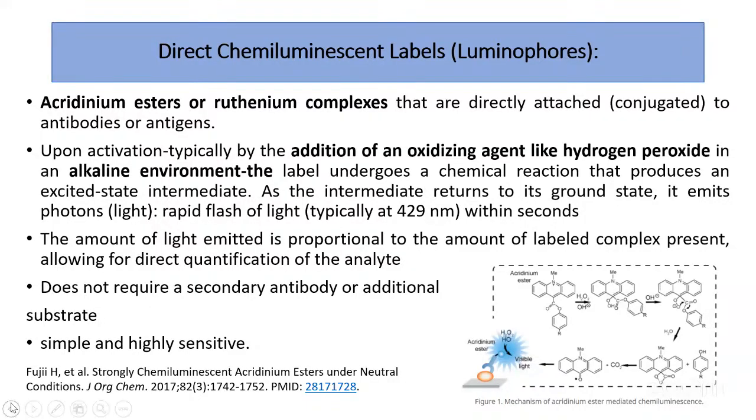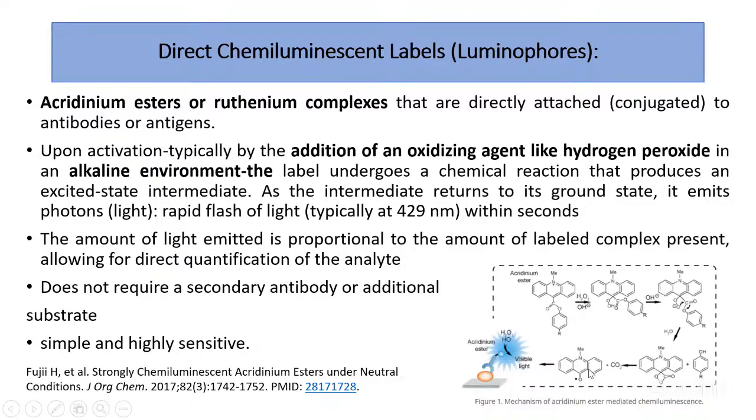Now, direct chemiluminescent labels are acridinium esters or ruthenium complexes. They act directly in the presence of an alkaline environment. When they get oxidized by agents like hydrogen peroxide, they go to excited states and form some intermediates.